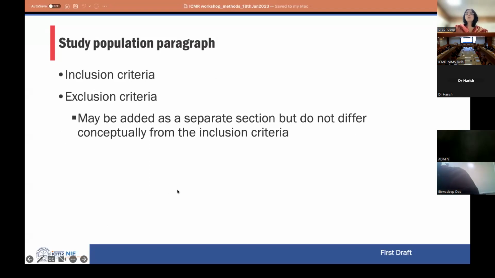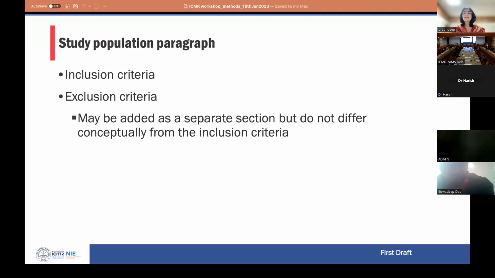Now comes the most important section, inclusion and exclusion. So whom do we include in a study? Inclusion criteria have to be very clear, because quite often, let's say if you're doing a population-based study, when you go to a household, you may have people of different age groups, different genders, and different characteristics.